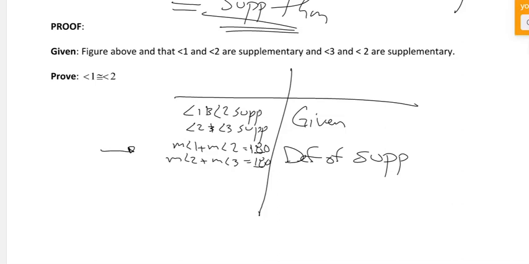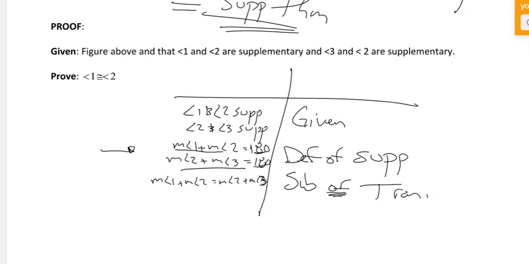Because we can use substitution to show that they are equal to one another. This could also be the transitive property. This stuff is equal to 180, 180 is equal to this stuff. So measure of angle 1 plus measure of angle 2 equals measure of angle 2 plus measure of angle 3. Substitution or transitive property.